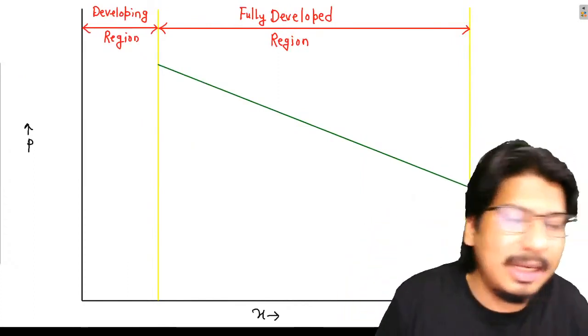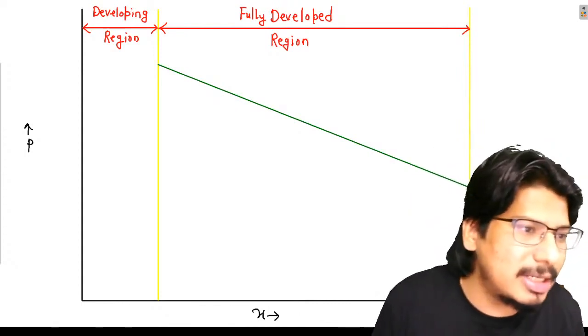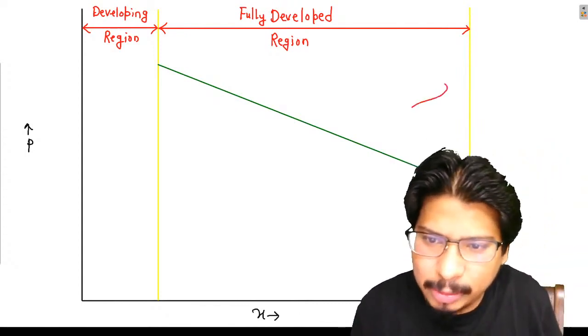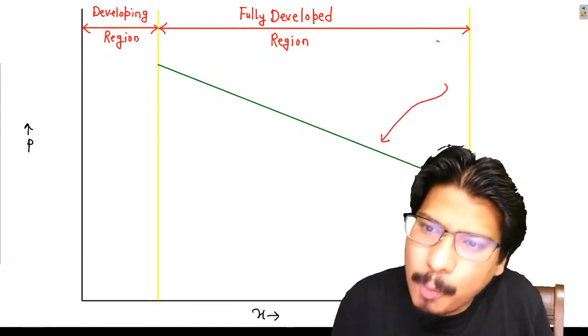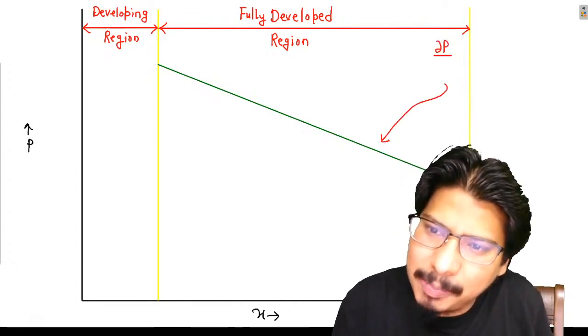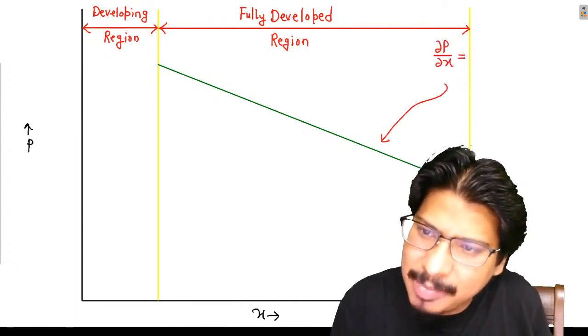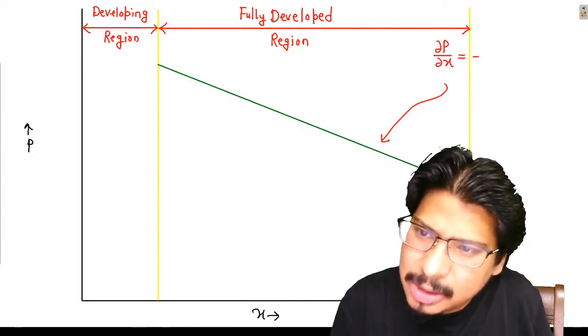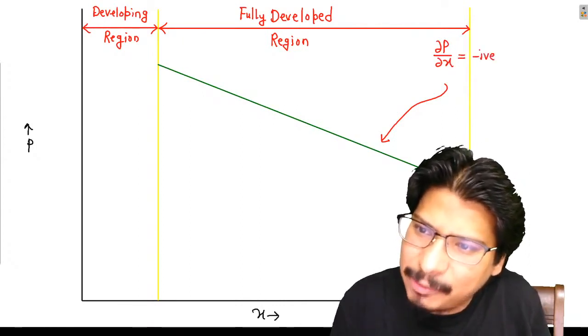That means, listen carefully, dou p by dou x in the flow direction, pressure will decrease, and since the decrease is linear, dou p by dou x will be a negative constant.